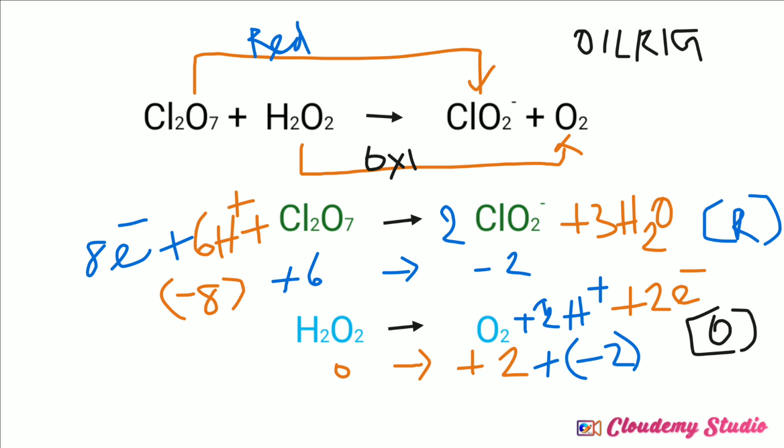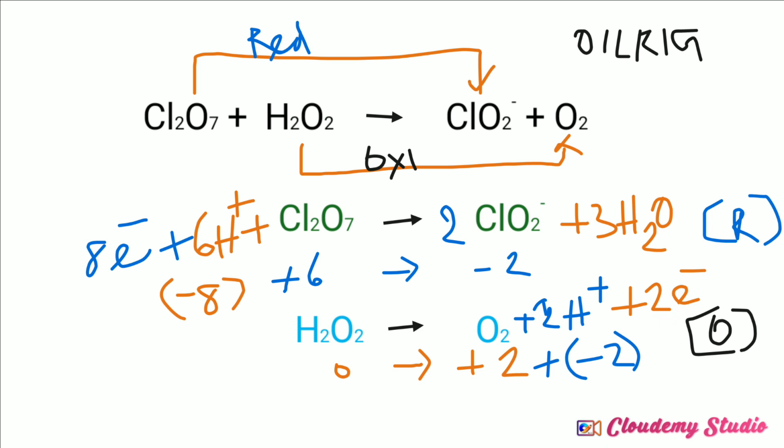The reduction reaction we have already balanced, and now the oxidation reaction is balanced. Now when we check the reduction reaction, how many electrons are gained? 8 electrons are gained. But in the oxidation reaction, how many electrons are lost? 2 electrons.